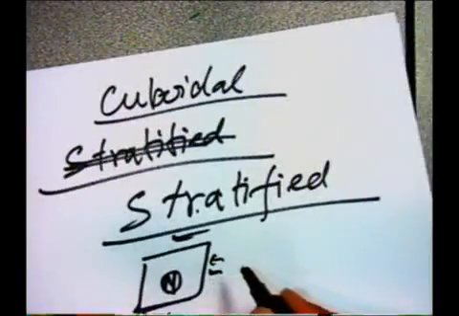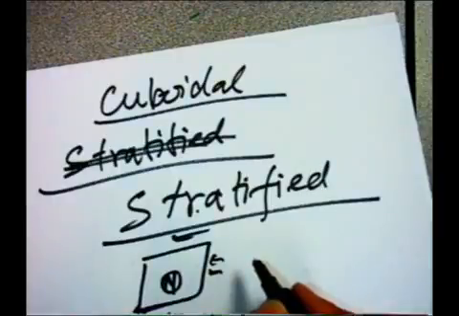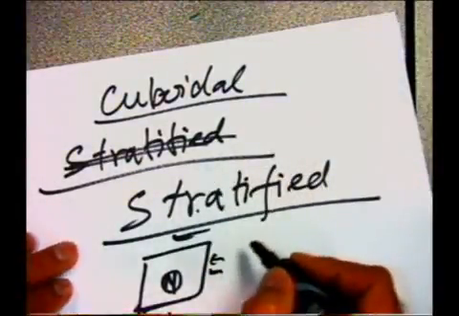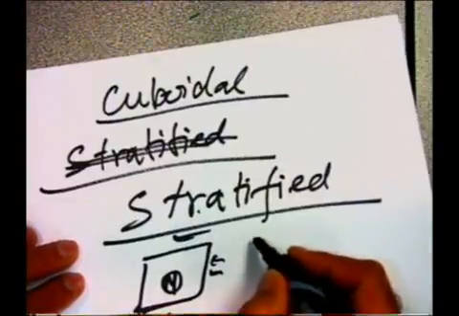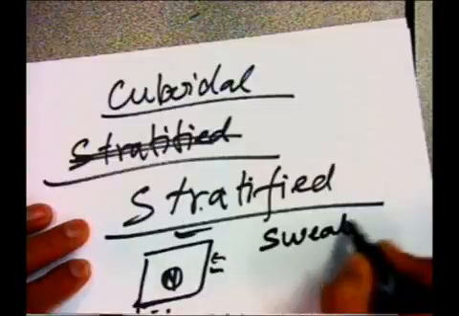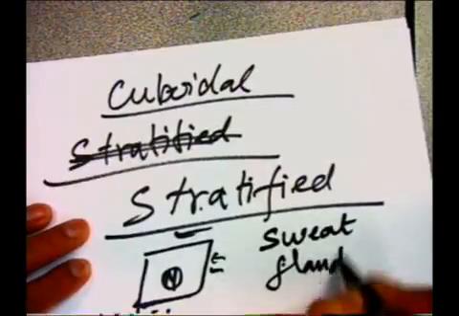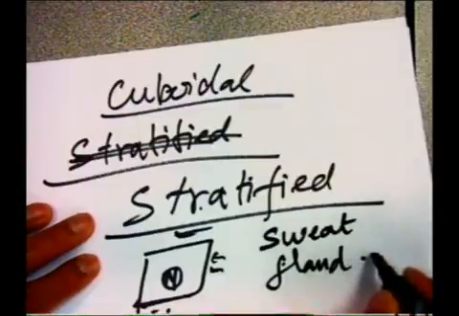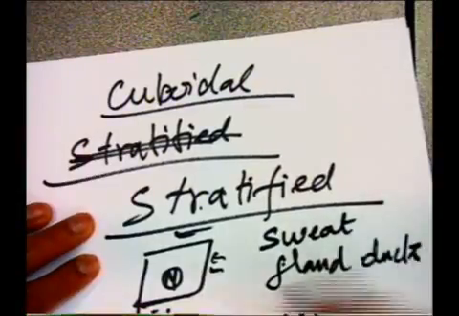And the next one, where do you find this cuboidal stratified or multi-layered epithelium? You will find it in the sweat gland, S-W-E-A-T, sweat gland ducts, the passage.